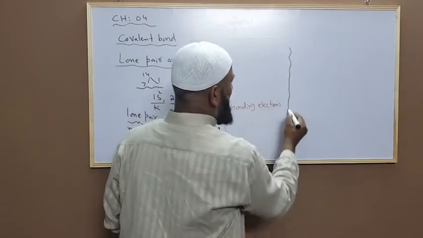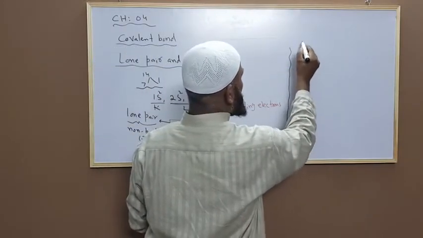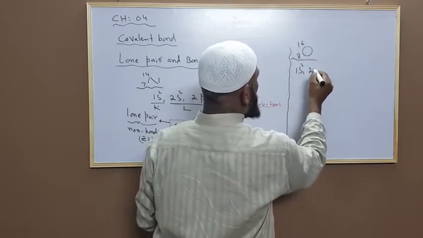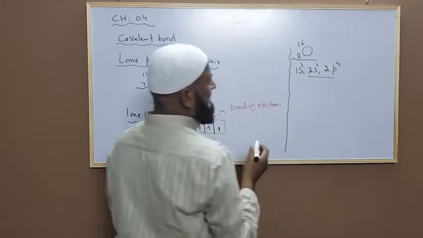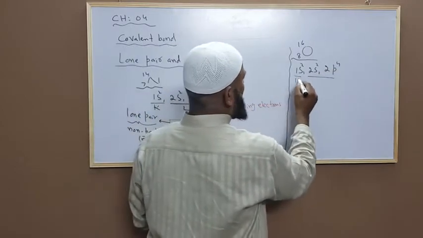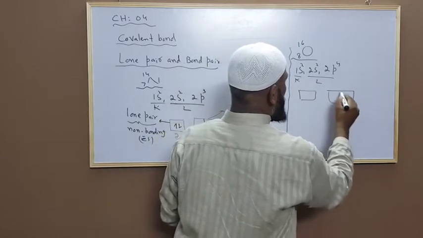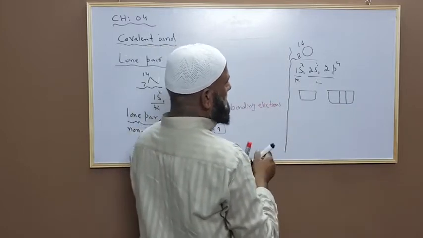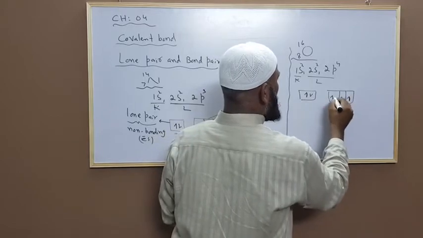If we take the example of oxygen, you can see here the atomic number of oxygen is 8. So here you can see 1s2, 2s2, 2p4. So in the valence shell of oxygen, you can see here one, two, three, 4.